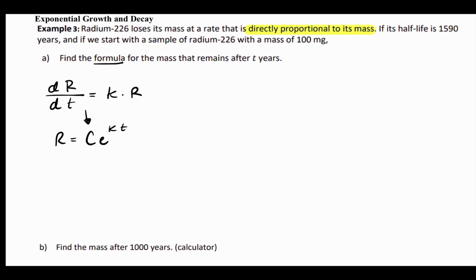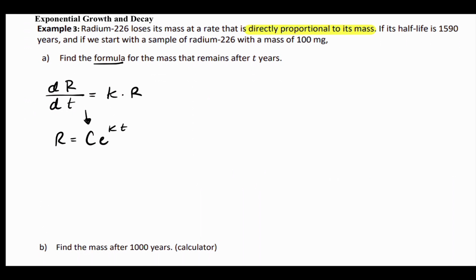Okay? So what's the first thing we can do to find? What's the first thing we can do? Use the table, use the information we have. Yeah. So what information do we have? Mass and time, right?